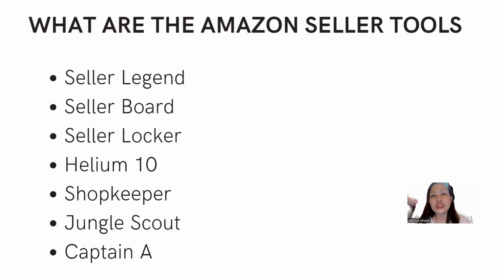So, we need to know kung saan mas effective sa amin for the inventory side. But then, the seller board is much effective for the FBA fees na pwede namin ipalit sa seller locker, which is ang seller locker kasi there no have a subscription, but then it's 25% of the reimbursed amount that you'll get from Amazon.